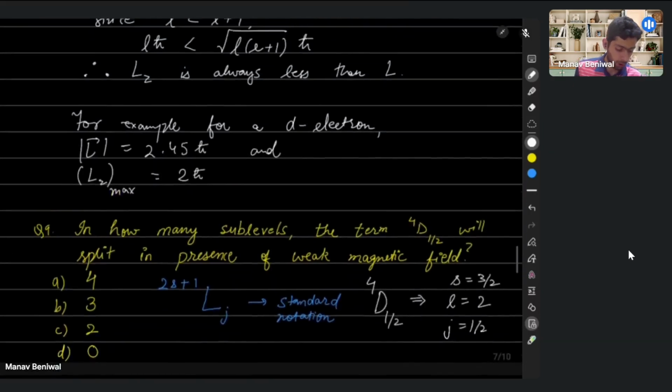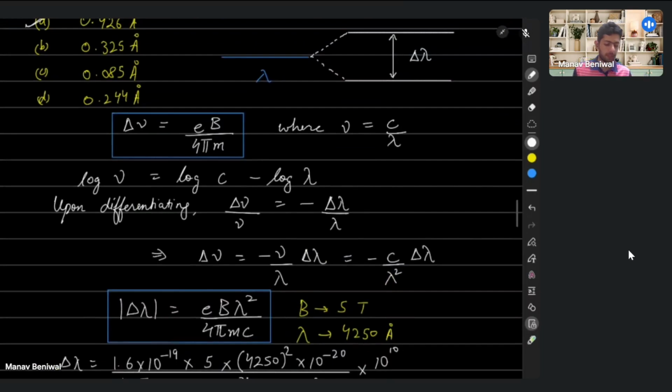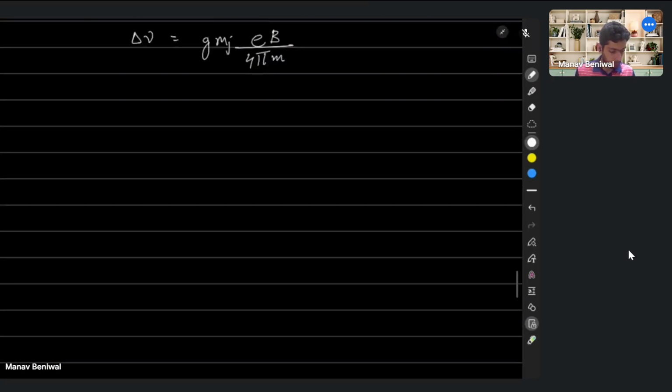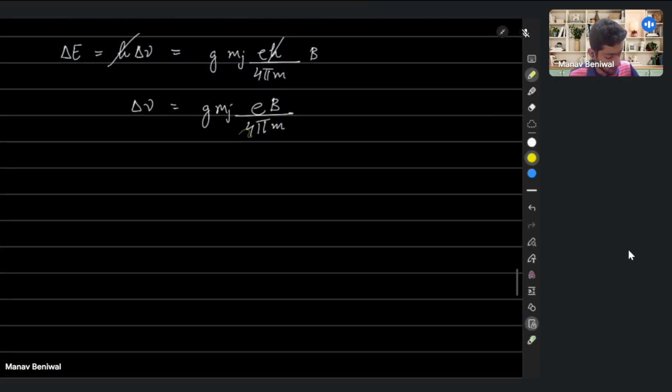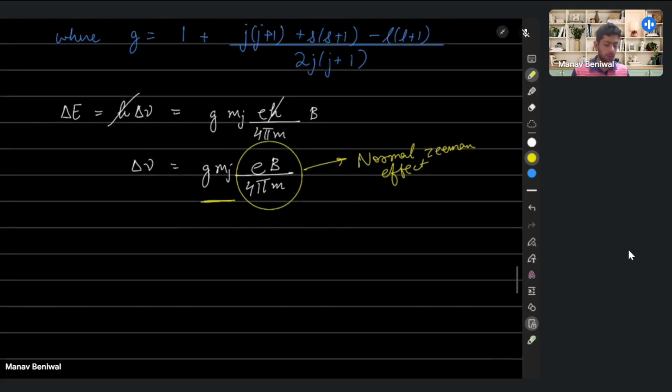Now if you remember, for normal Zeeman effect, we already solved one problem where this is just eB upon 4 pi m. So this thing is just the normal Zeeman effect, but now when we put it in a weak magnetic field, then we get one extra factor here, and this is what we want to compute. Now this is G.